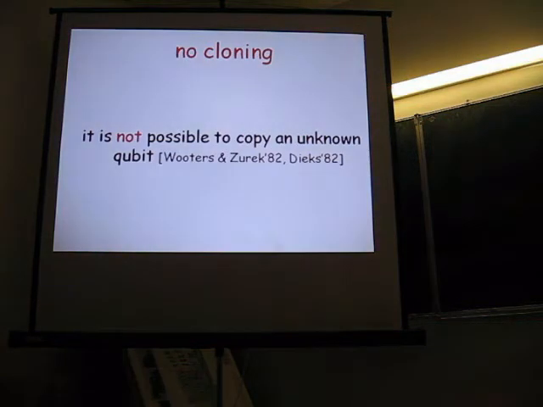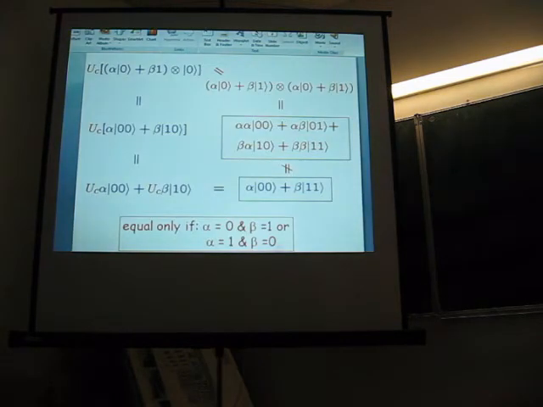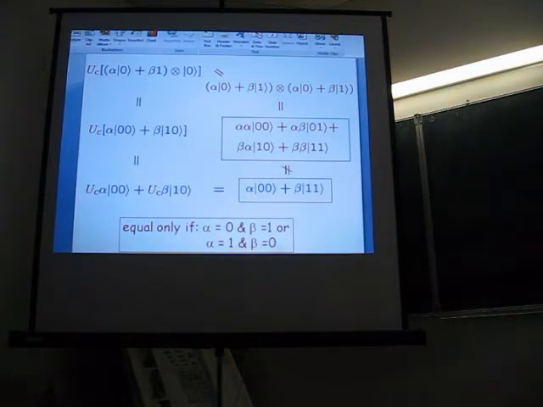This is an old result of Wootters and Zurek, and actually of a Dutch guy, Dieks, from Utrecht. The proof is simple, and this just gives you a nice idea of how these things go.